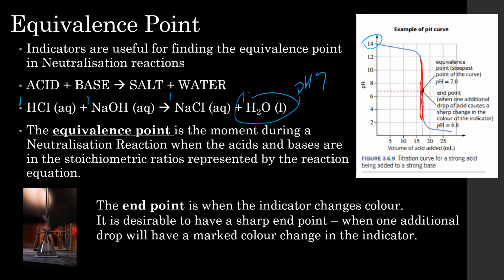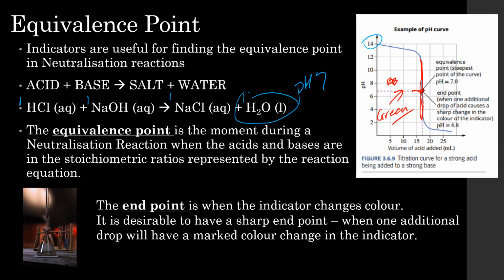So the endpoint is when the indicator changes colour. Now it's desirable to have a very sharp endpoint, when one extra drop will have a marked colour change on the indicator, because that's just going to make it easy for us, isn't it? So if I'm looking at bromophenol blue, for example, it's going to turn green at a pH of 7.